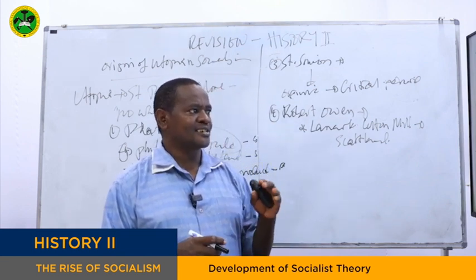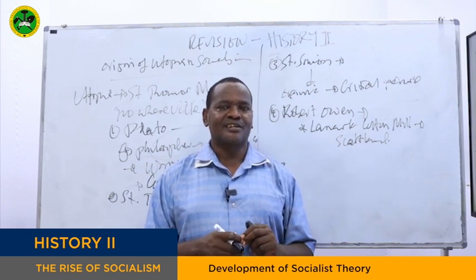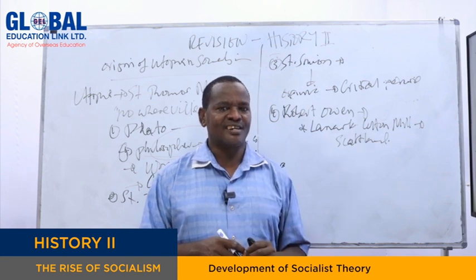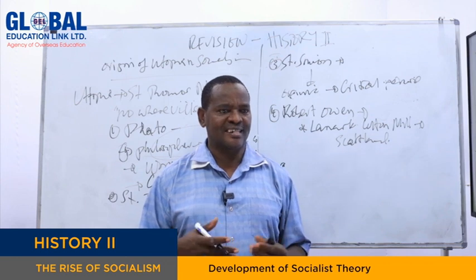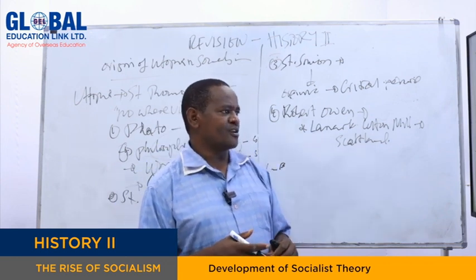Later he went to the United States of America. He bought another industry and established a community called New Harmony in Indiana, also thinking that people were going to copy. Unfortunately, in the end, he went bankrupt. But this is the idea of Robert Owen.